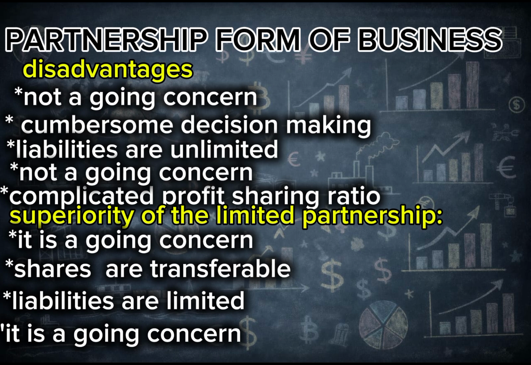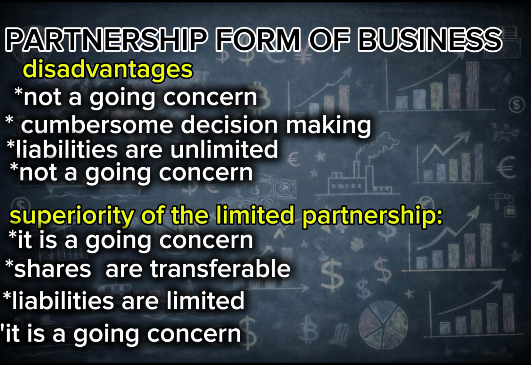So all this is going to complicate the profit sharing ratio. Also, like the sole proprietorship, it doesn't have so many capital financing options. The financing options is limited to the personal wealth of each of the partners involved.